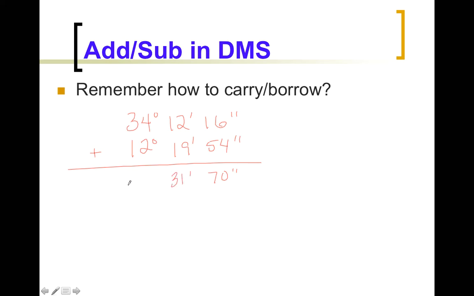And 34 and 12 makes 46. Now, here's the problem. We know that there's only 60 minutes and 60 seconds. That's all we're allowed in each thing. So that means we have to carry the extra 10 seconds that got counted here, right? There are 60 seconds in a minute. So this now becomes 10, and this becomes a 32. Both of these numbers have to be less than 60. So we're going to carry. And it goes the same for borrowing, I guess, if you want to call it.